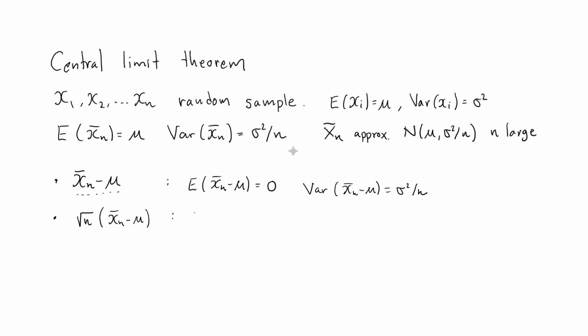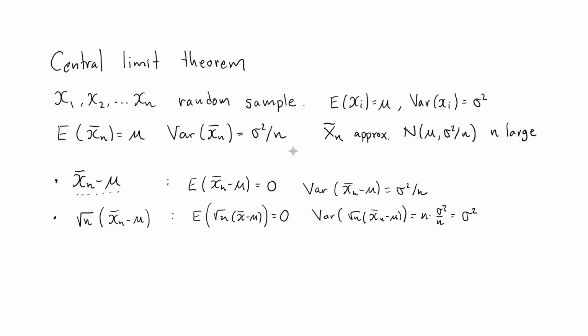The expected value of this sequence, square root of n times Xn bar minus mu, would be square root of n times 0, so it's still 0, while the variance of this sequence, we can take the square root of n outside, we have to square it, so it becomes n times sigma square over n, so it becomes constant sigma square.